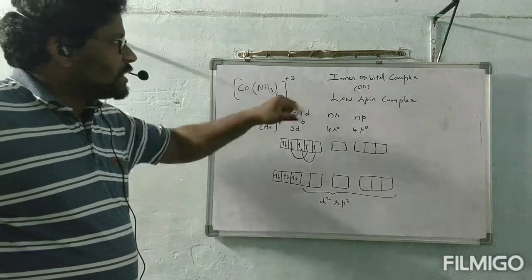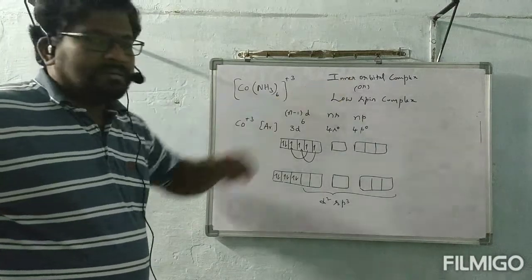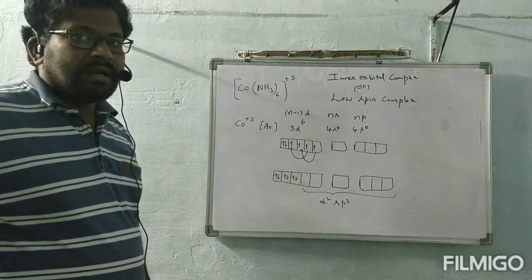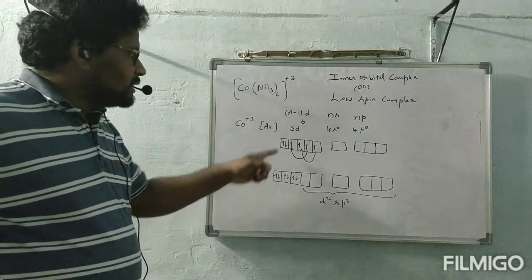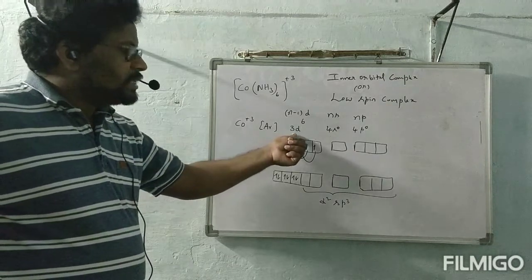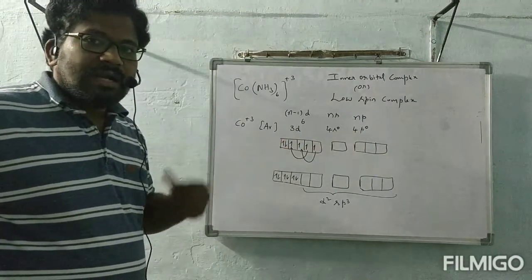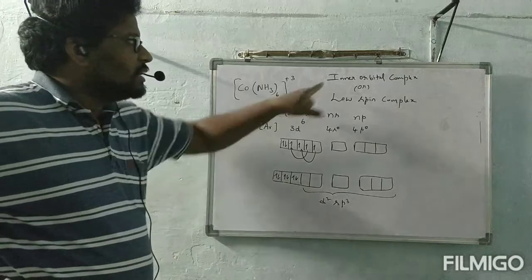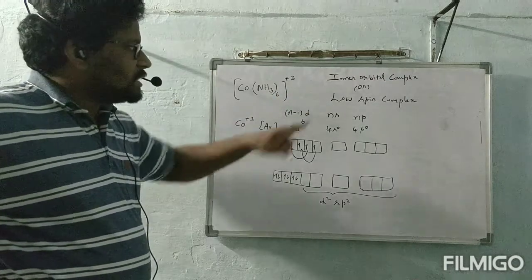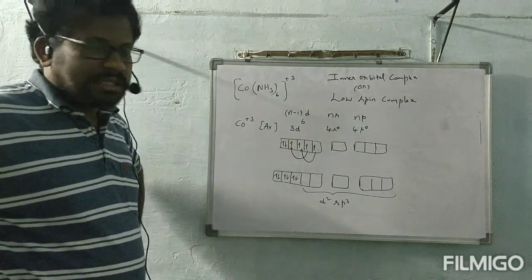So what are the names? Inner orbital complex. Why is it called an inner orbital complex? Because the inner 3d orbitals and the outer 4s and 4p orbitals are involved in hybridization. Next, why is it called a low spin complex?